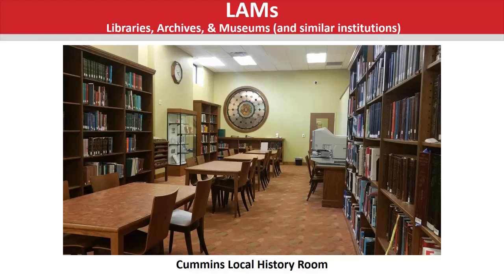We have school yearbooks, the histories of several of the industries that were in Hamilton, and really Butler County, not only Hamilton, and other types of historical information. So any kind of institution like this that's local to wherever your family is from or wherever you're researching is an excellent resource to contact when you're trying to find genealogical information.